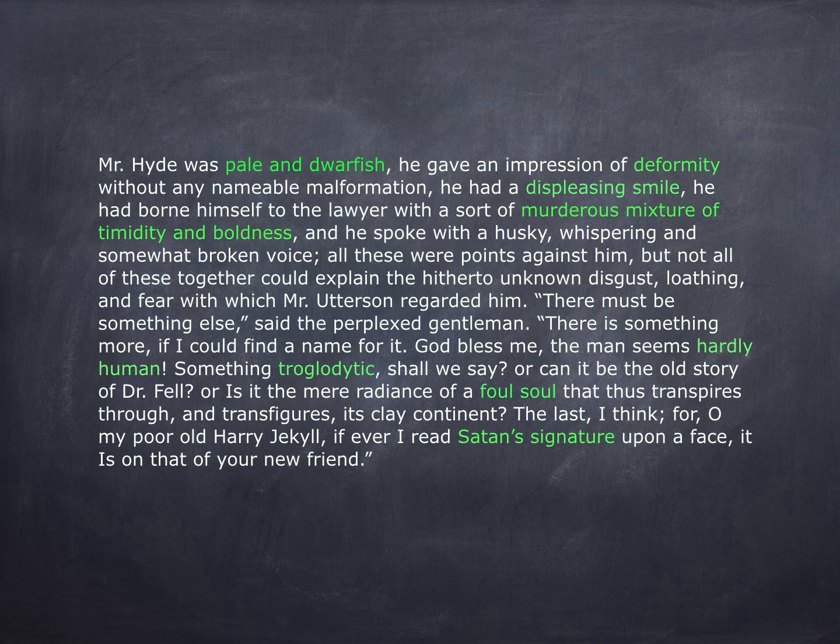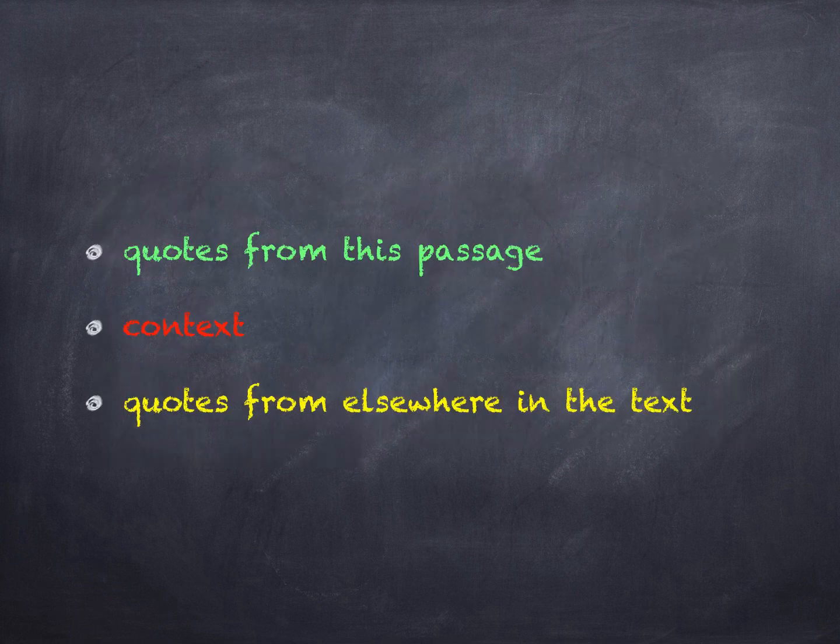You can see here that I've highlighted quotes in green, and these are the quotes that I'm going to be using. To give you a framework for this presentation, quotes from the passage are going to be in green. Where I've mentioned context, I've written in red, and quotes from elsewhere in the text are in yellow.